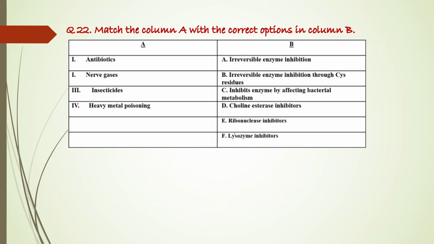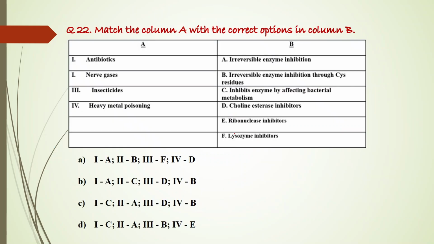Okay. Again, let us look at this. So, you have to match column A with column B. There are 4 options in column A and many more in B. So, you have to choose them according to their mode of action.